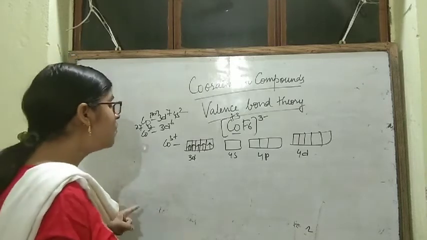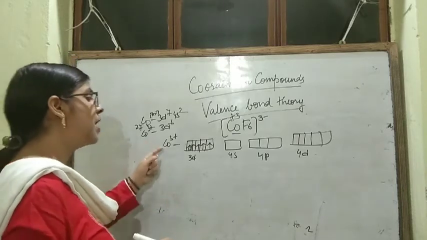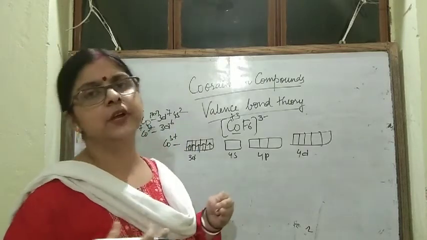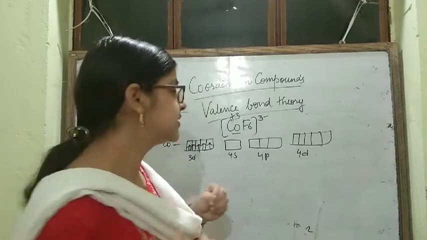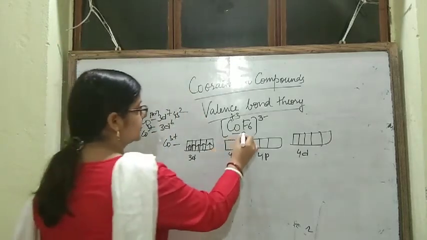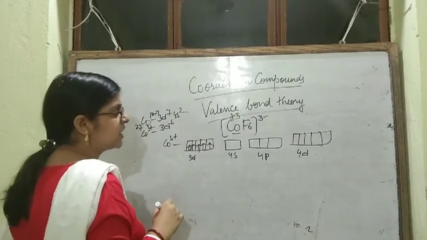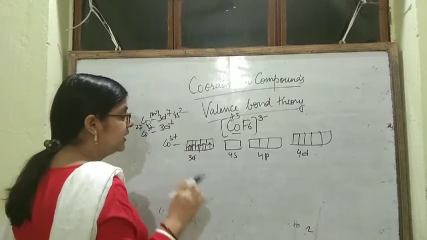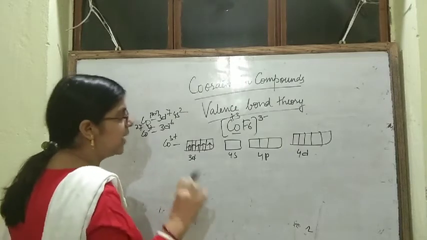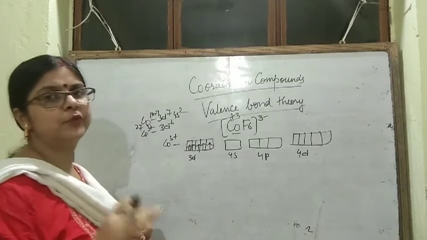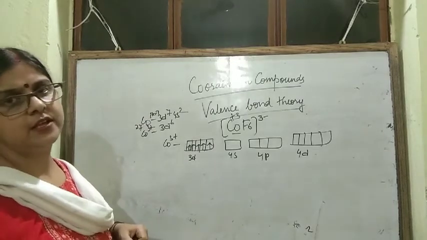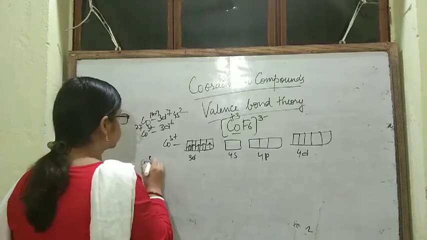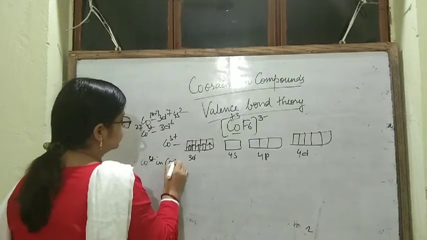So how many orbitals will cobalt provide for this fluoride ion to form coordinate bonds? This we'll have to understand. Yes, 6 is the coordination number. 6 ligands are present. So it needs 6 empty hybrid orbitals to form coordinate bonds with 6 F- ions. So Co3+ in CoF6 3- will be like this.